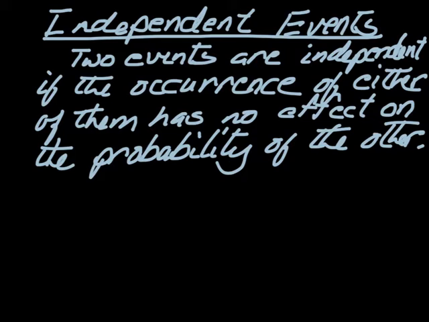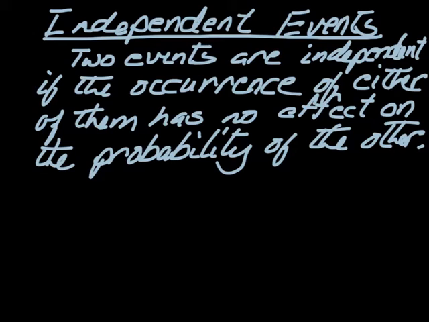So our first big concept for this section in chapter 11 is the concept of independent events. So when are two events independent? They are independent if the occurrence of either event has no effect on the probability of the other event occurring.